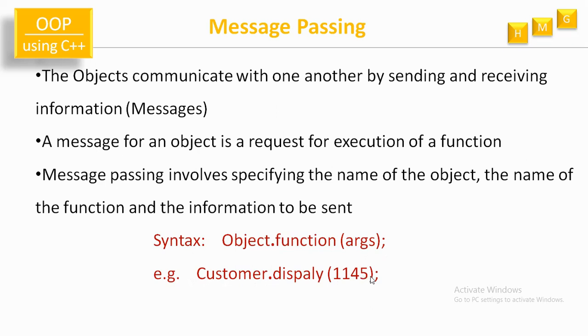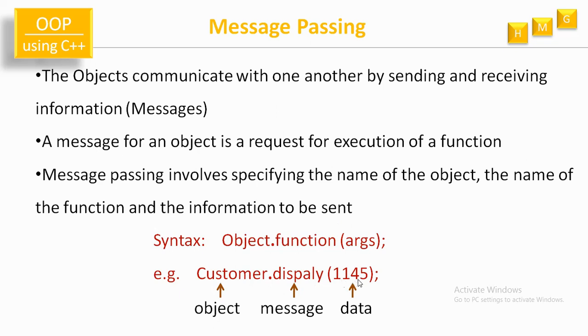So here customer is an object, display is a message, and 1145 is data. As we have mentioned, message passing involves specifying the name of the object, the name of the function, and the information to be sent. So the name of the object is customer, the name of the function is display, and the information sent is 1145.